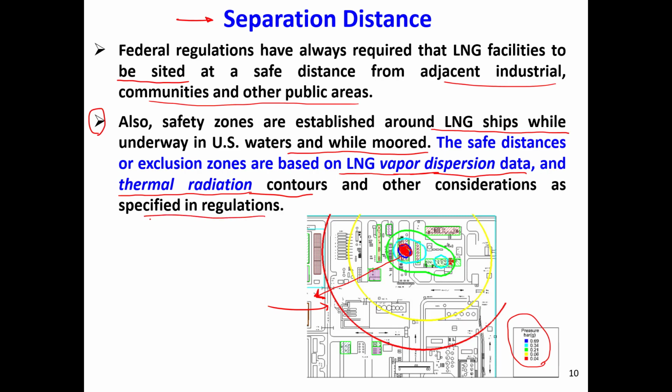So you have to see, based on the history of the operation, what amount of vapor is dispersed into the air when you are loading and unloading, and what the thermal radiation intensity is on that site. In the sunny, warm climate of Qatar, for sure, this thermal radiation has to be taken into consideration.